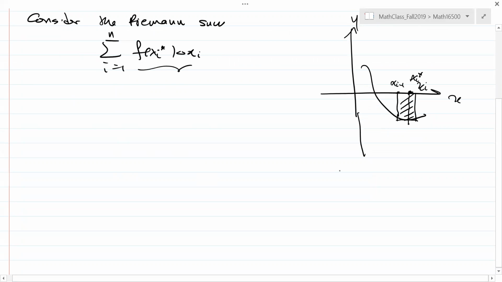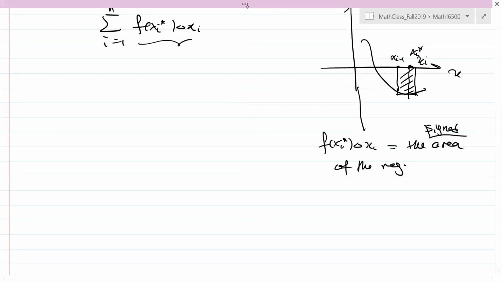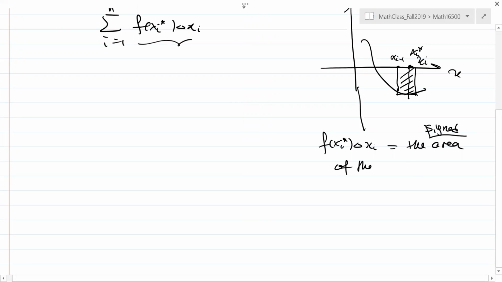So f of x_i star times delta x_i is going to be the signed area, if we allow the negative sign because it's below the axis.